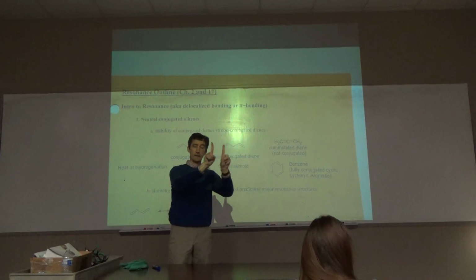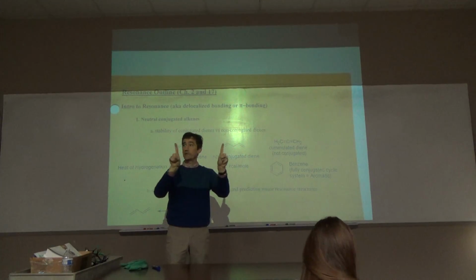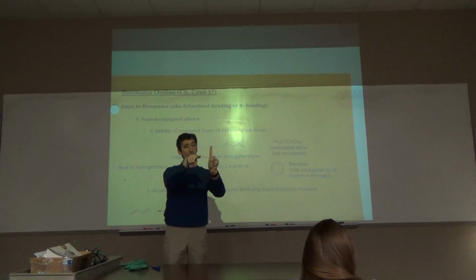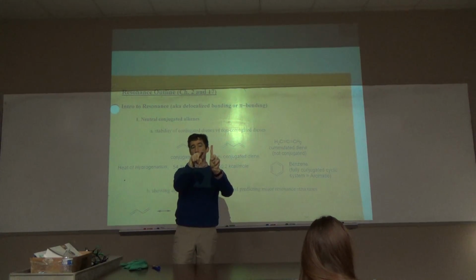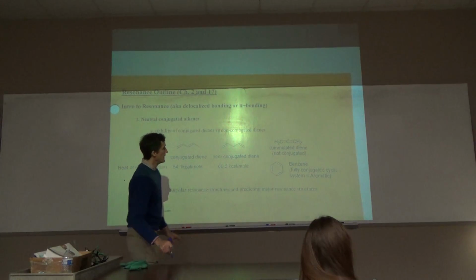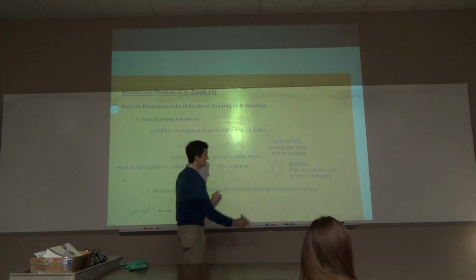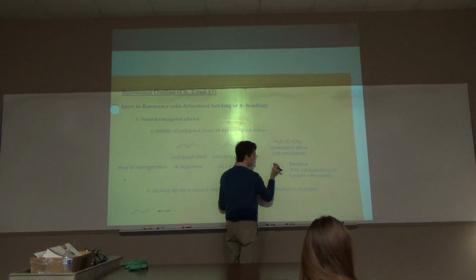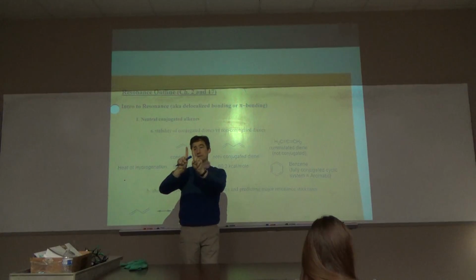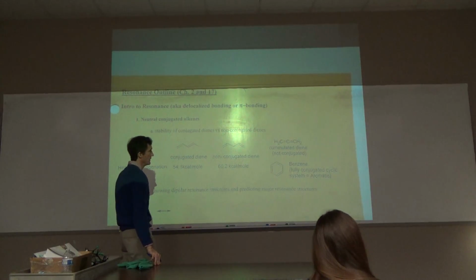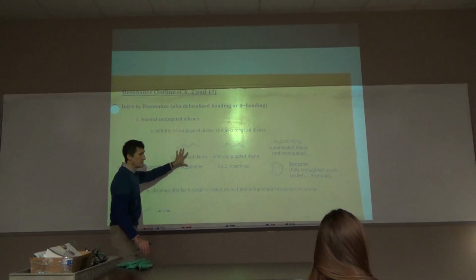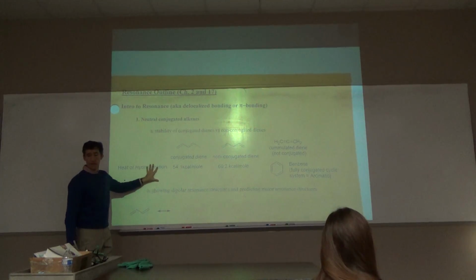They have to be lined up because they interact side by side. Something like this cannot interact side by side. So not only do they have to be adjacent on adjacent atoms in this class, they also have to be lined up in the same plane. Okay, that's basically in your intro to your aromatic.